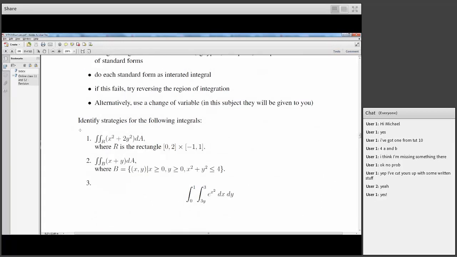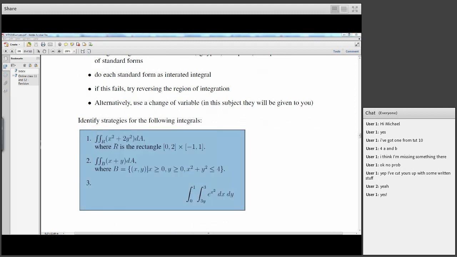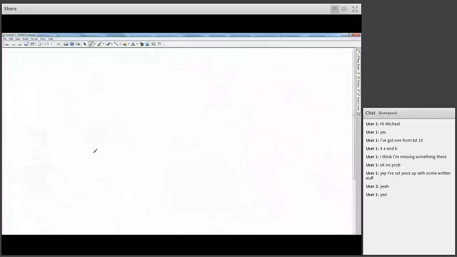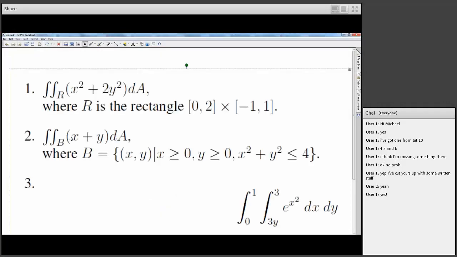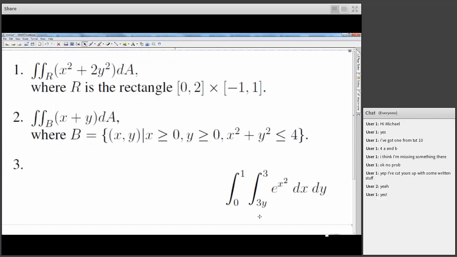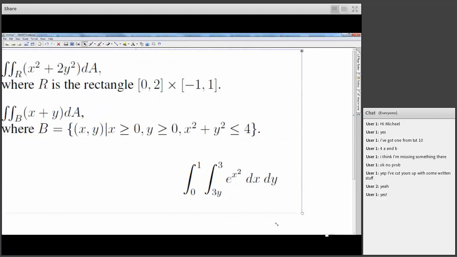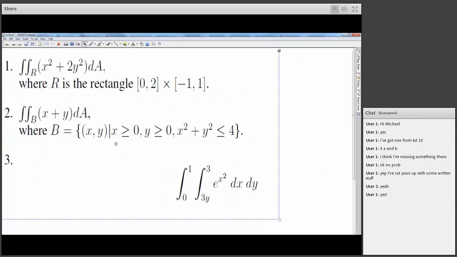So let's copy these 3 examples down. I don't want to do all the questions, but I just want to look at how you work out which method to do. And as I said, I think a good idea is to draw the picture. So this first one is a rectangle.